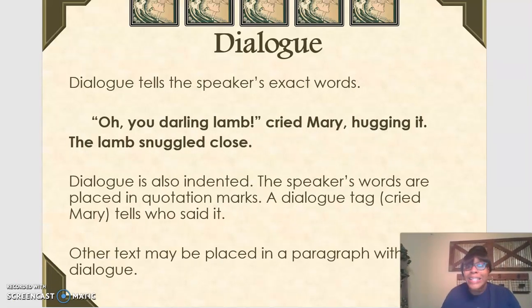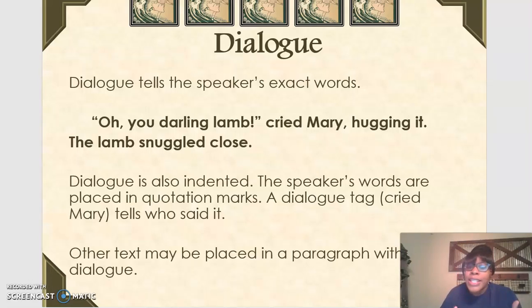Dialogue. Dialogue tells the speaker's exact words. For instance, "Oh, you darling lamb," cried Mary, hugging it. The lamb snuggled close. Dialogue can sometimes be indented. The speaker's words are also placed in quotation marks, and we use speaker tags. The speaker tags tell you who said what.